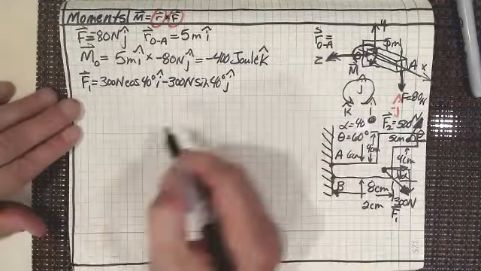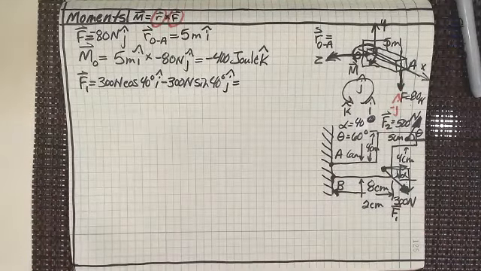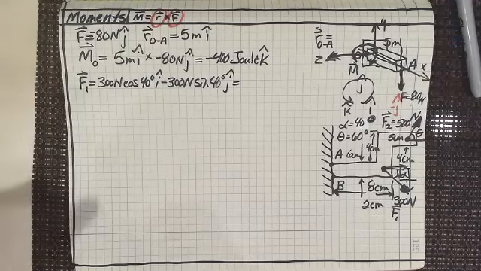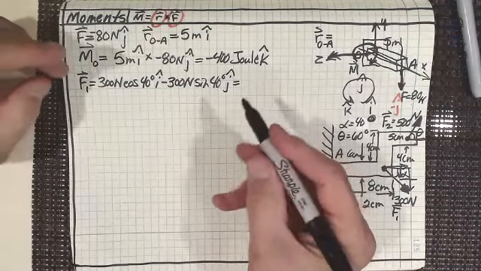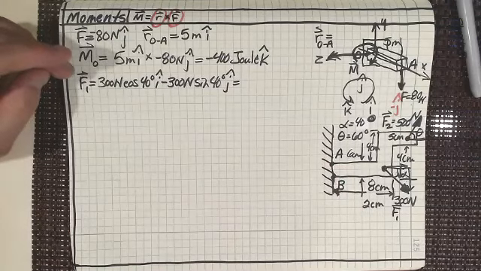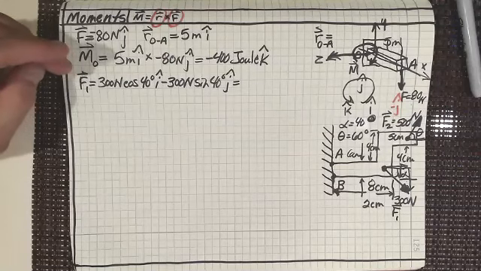I'm going to leave a little room there. Actually, we could just pop that in right now, really. 300 times the cosine of 40 degrees is, wait, is that right? No, that can't possibly be right. 300 times the cosine of 40 degrees equals 229.8.